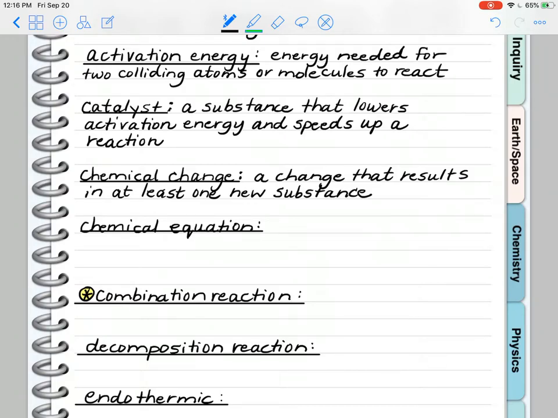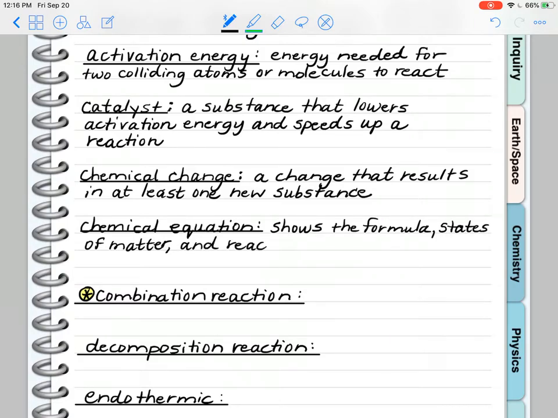A chemical equation shows the formula, states of matter, and reactants and products in a reaction.